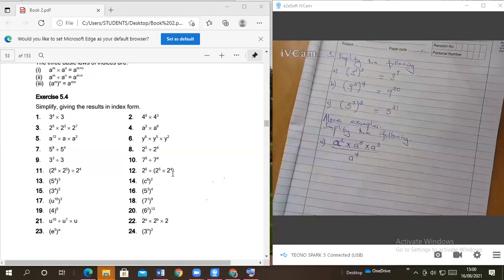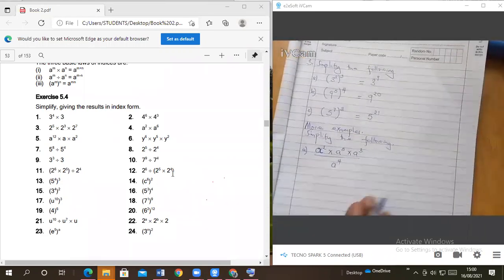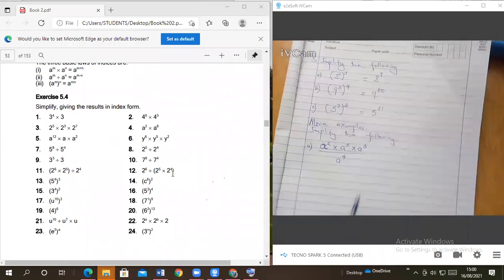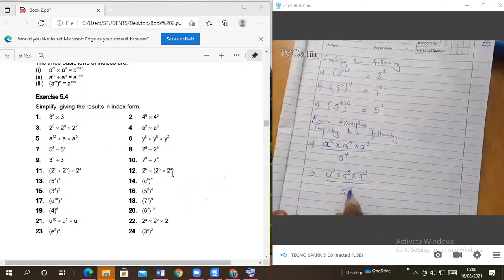What are we going to do here? We have both multiplication and division laws. So can we first simplify the numerator? When you simplify, we are multiplying a squared, a to the power 5 and a cube, divided by a to the power 4.